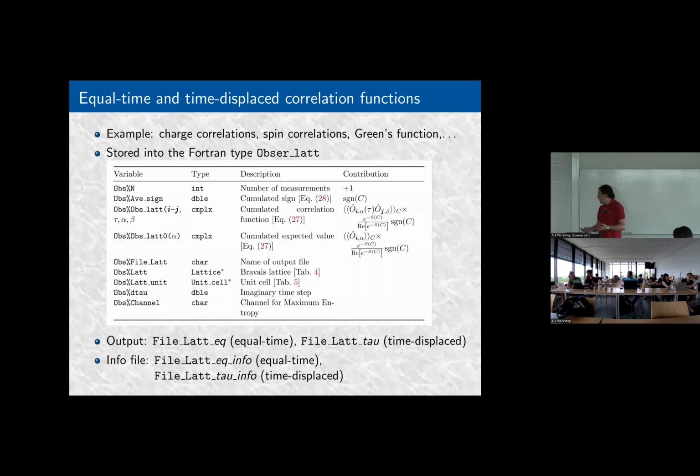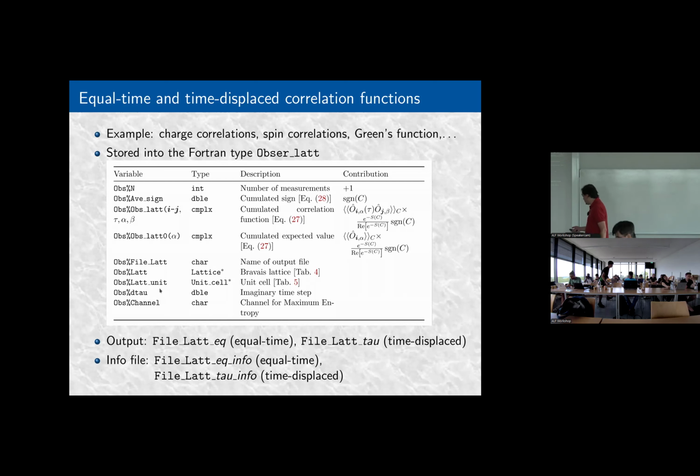For example, imagine you want to compute a time-displaced correlation of a scalar observable, then you can embed this into a structure like this one, where the lattice trivially has just one site, so just a single value of the scalar observable, but a possible time displacement. So this is why you have this extra flexibility of using a different lattice and unit cell for any observable.